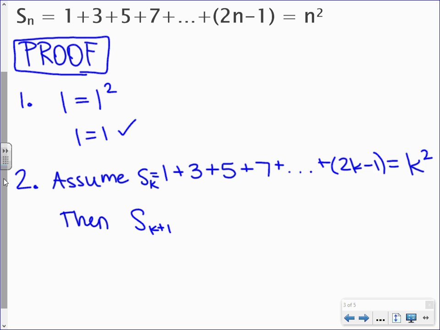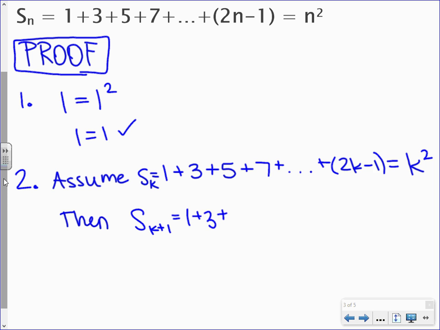Now, if we are taking the sum of the first k terms, then we add up all of the numbers when we plug in 1, when we plug in 2, when we plug in 3, all the way up to k. Now, we are looking at the k plus 1 terms. What does that mean?